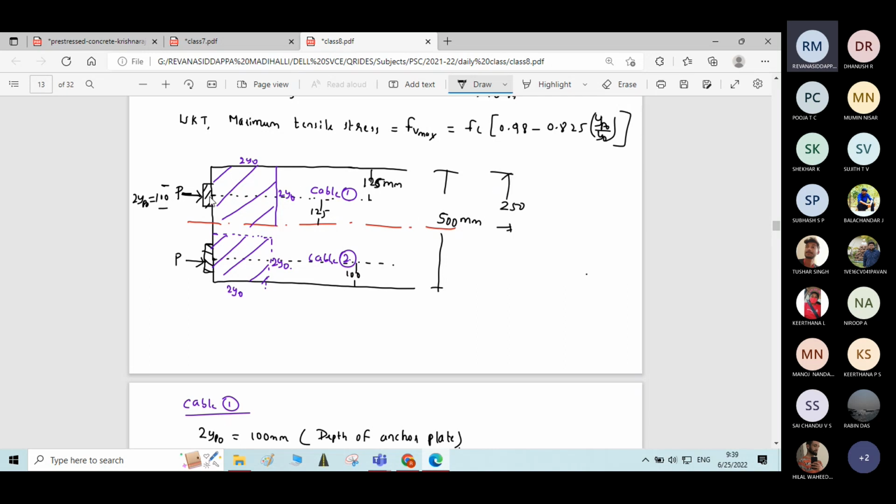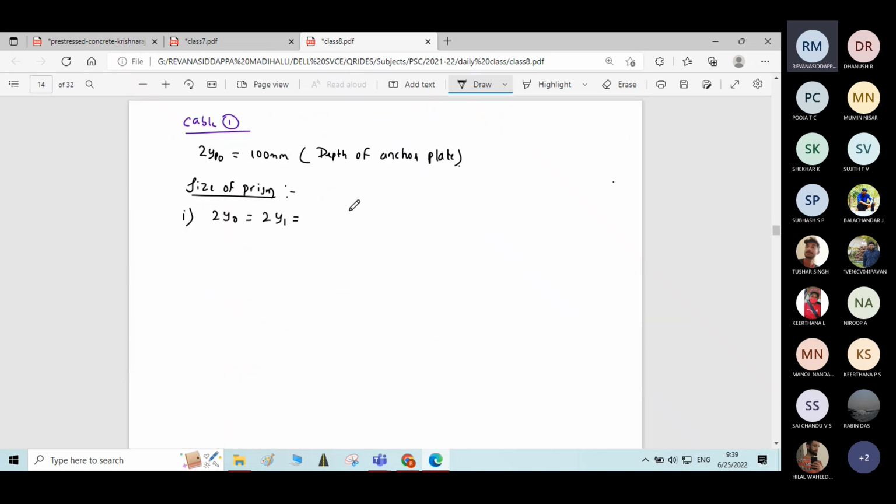Therefore the nearest extreme fiber distance is 250 minus 125, which is 125 mm. So 2 into 125 is equal to 250 mm.